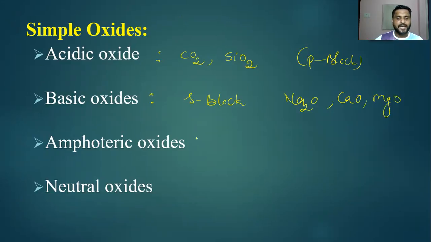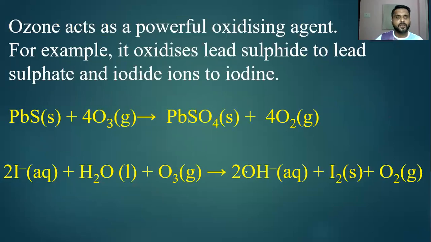Amphoteric oxides are those which react with both acids as well as bases. One example is aluminium oxide. Neutral oxides like carbon monoxide, nitric oxide, and nitrous oxide are examples.